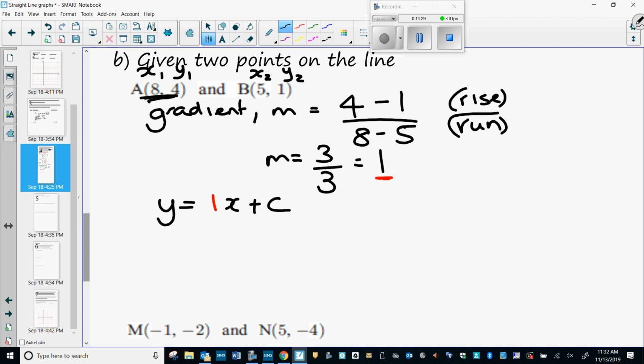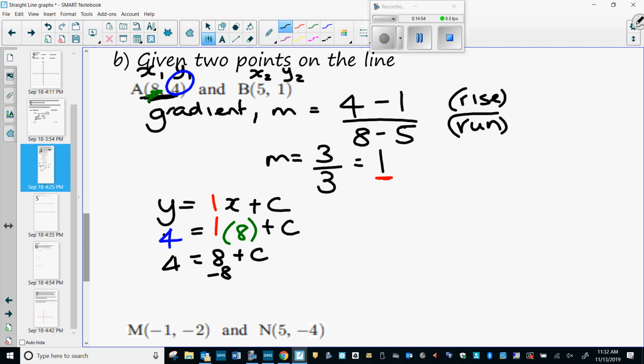Okay, so I'm choosing this coordinate here. So I'm going to say that 4 is equal to 1 times 8 plus c. What's 1 times 8? 8. So we've got 4 is equal to 8 plus c.